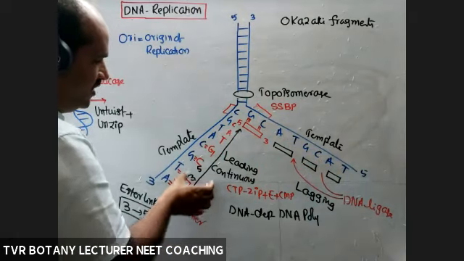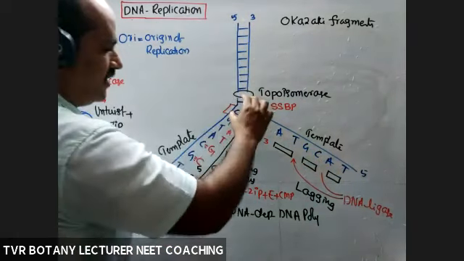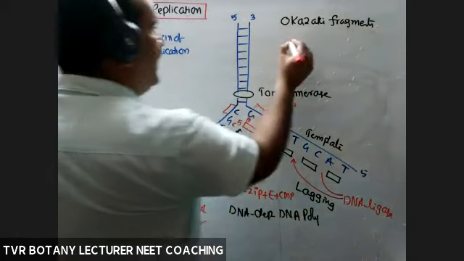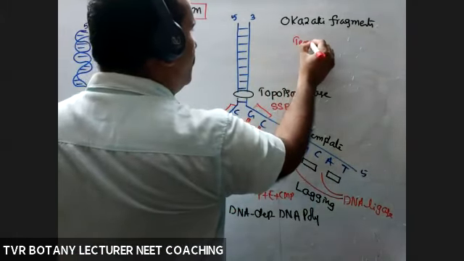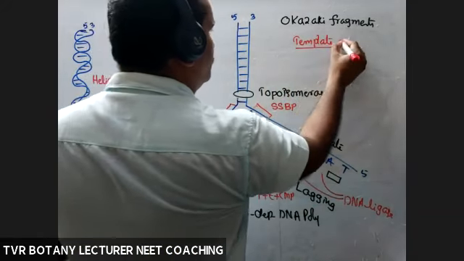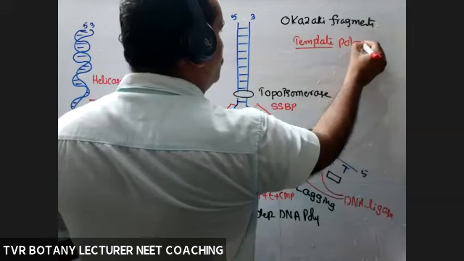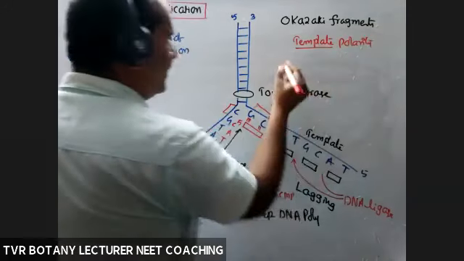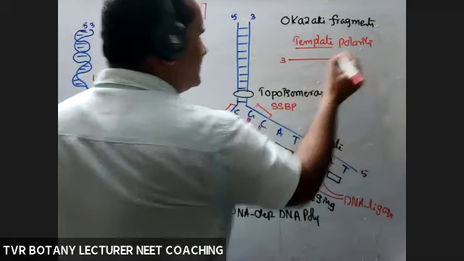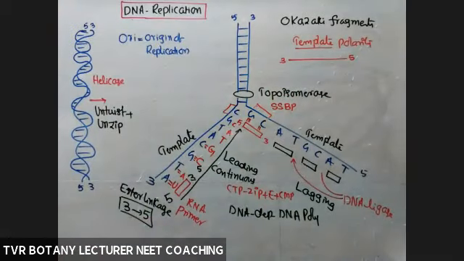So gradually the new strand forms, and very, very important: the polarity of a template is always in the 3 to 5 direction. Simply follow the anti-parallel arrangement. That is enough.